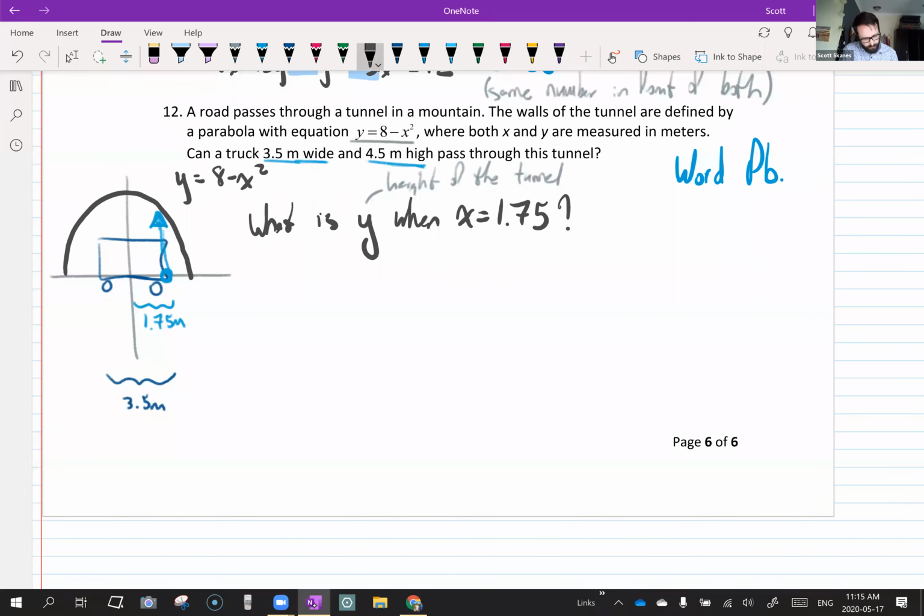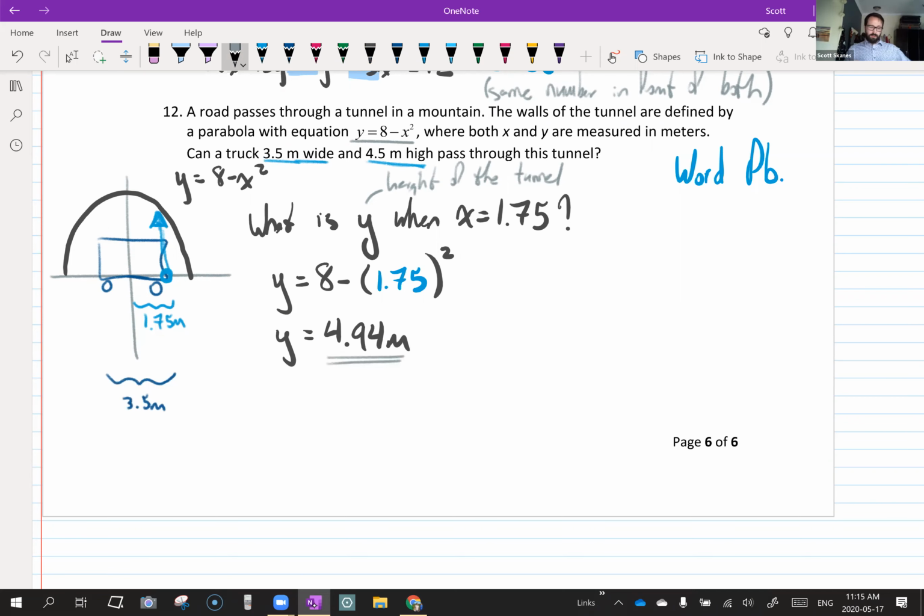If the tunnel is taller than the truck, then we're fine. If it's not, we have a problem. So let's solve this. I don't need to solve the whole thing. This is 8 minus 1.75 squared. This gives me 4.94 meters.